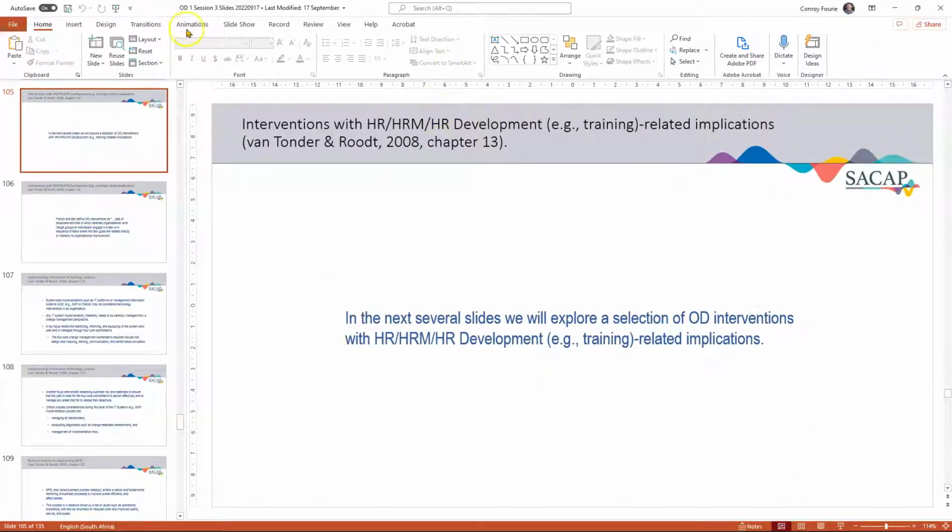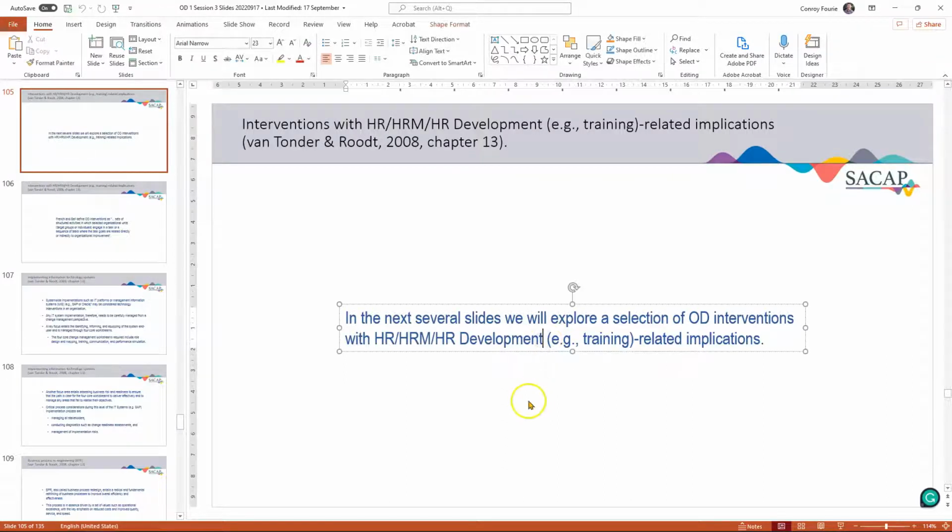Yeah, so session 3, the prescribed material, please do work through that. When I worked through the Van Tonder chapter 13, I identified what might be seen as a selection of OD interventions with HR, HRM, HR development related implications. So broadly speaking, they could perhaps be labeled as HR type of interventions.